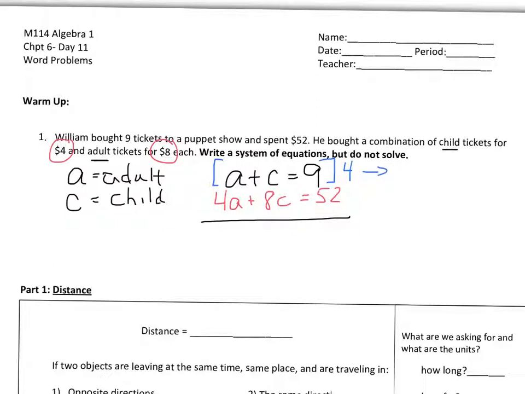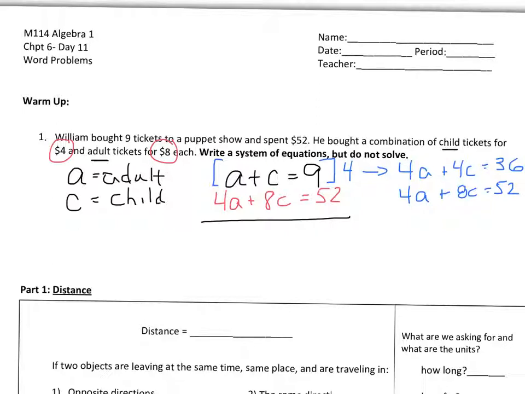So write this over here. That's going to be 4A plus 4C is equal to 36. And then the other equation is 4A plus 8C is equal to 52.